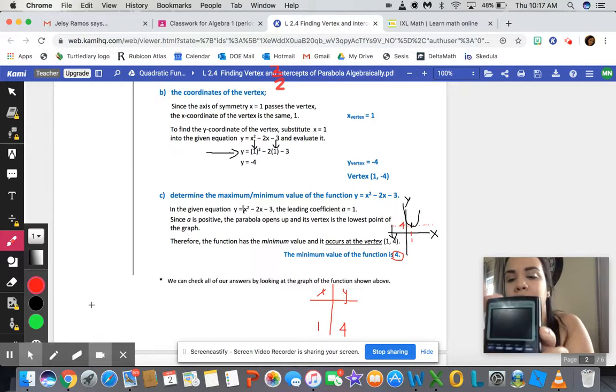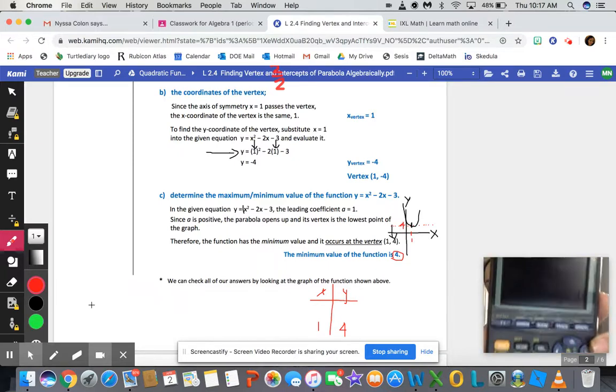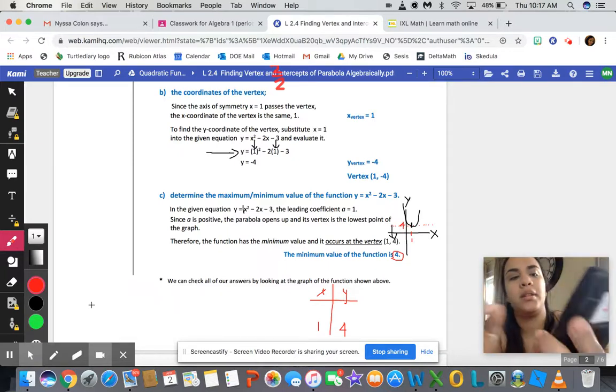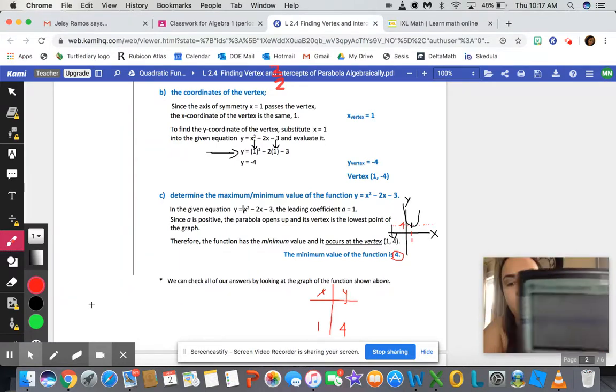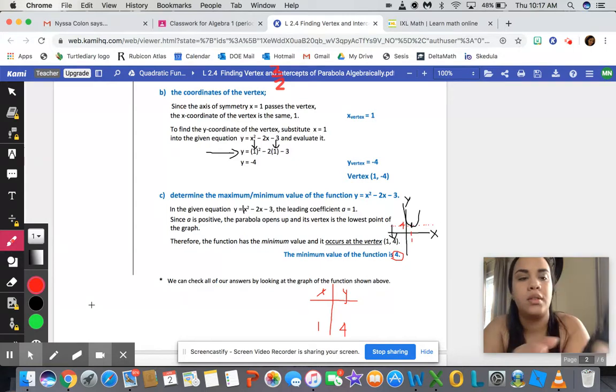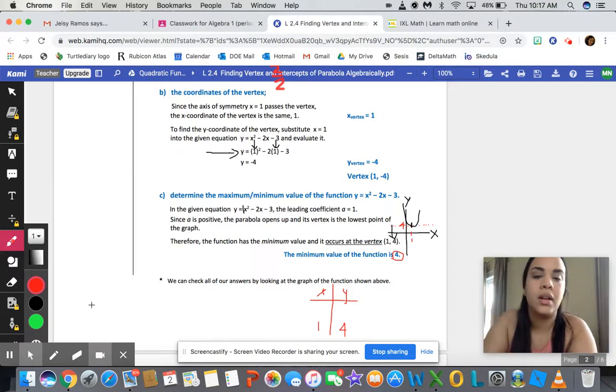So I just put it in, and you can't really see the graph. It's not going to focus. So I see over here my graph. Oh wait, the vertex is 1, negative 4. So over here, I think this is a typo. The graph actually looks something like this. Negative 4 would be somewhere down here. So 1, negative 4 is somewhere down here.